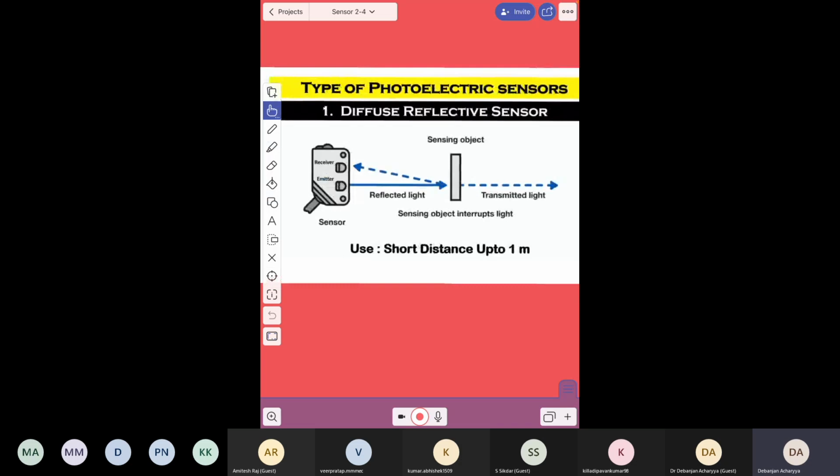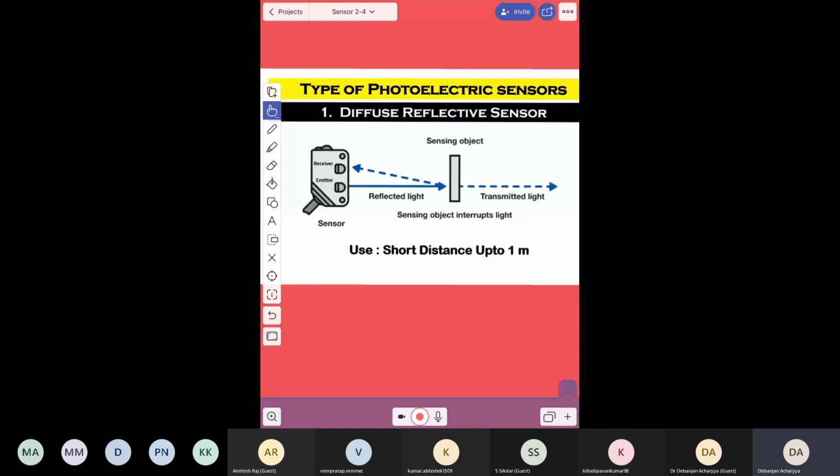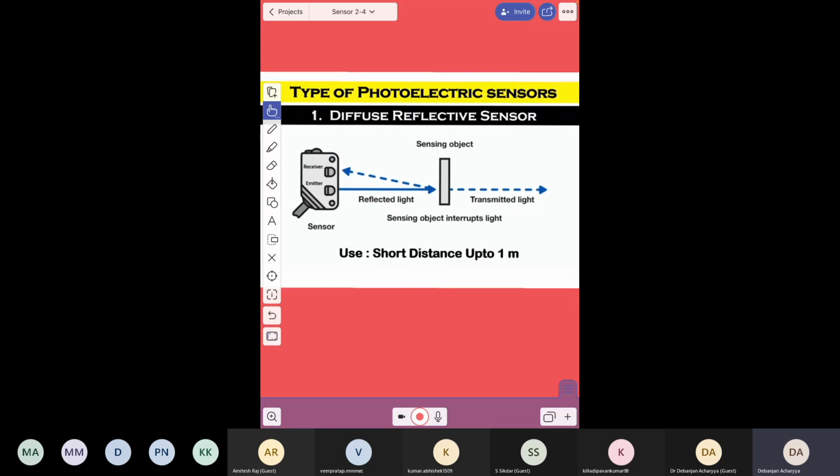Number one, the diffuse reflective sensor. In this kind of diffuse reflective sensor, the distance is up to 1 meter. This is the shortest range among all photoelectric sensors. Here the principle of sensing is as follows. You have a sensor that has a receiver and an emitter.